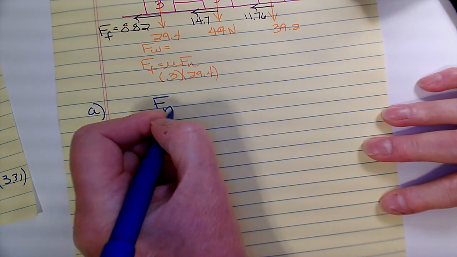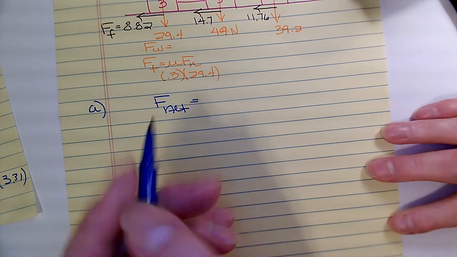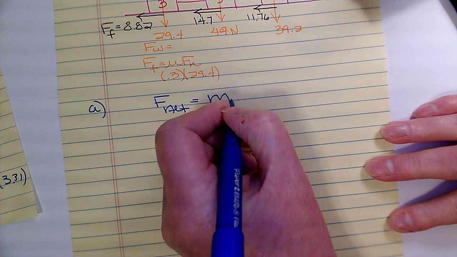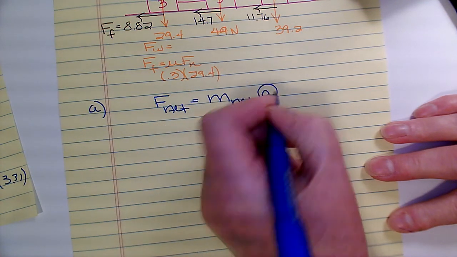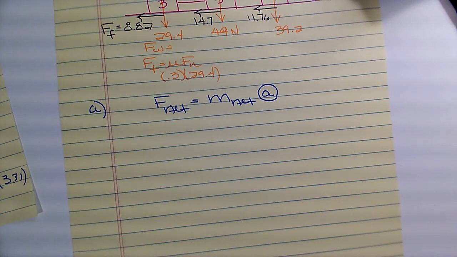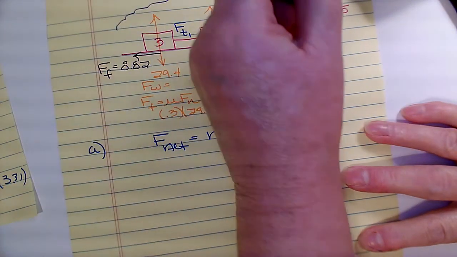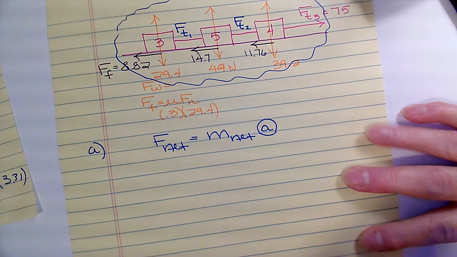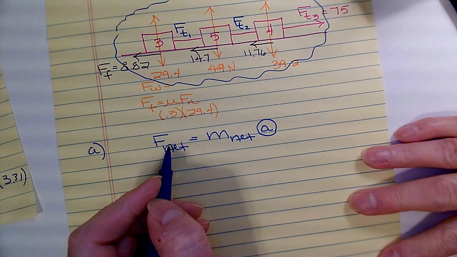So I'm going to write down F net equals, when you have connected objects, we want to use M net because we're looking at it as a system and we're trying to find the acceleration of the system. So you have to think big. What is making this system move?